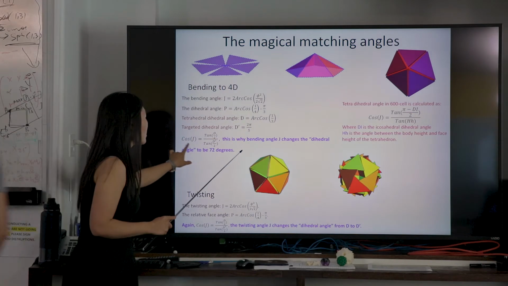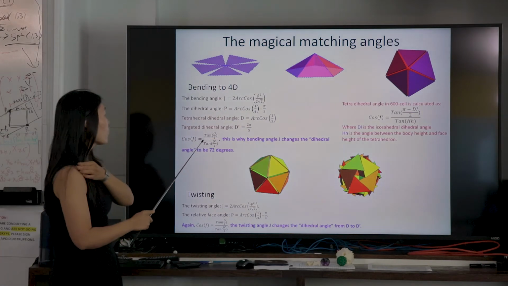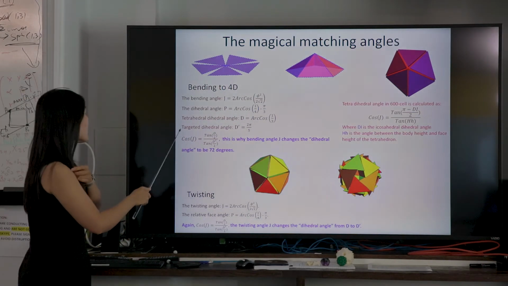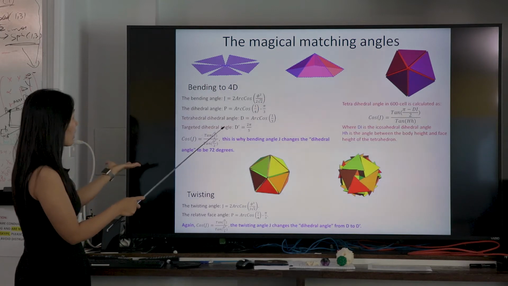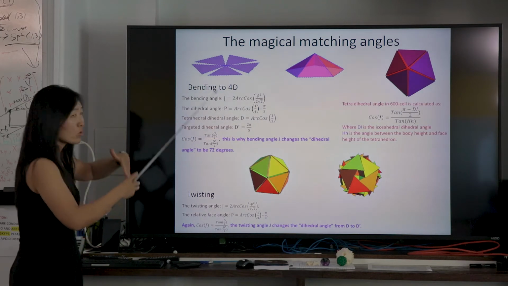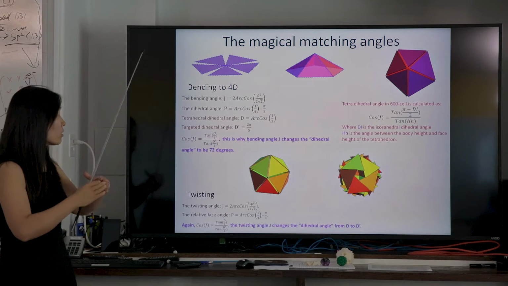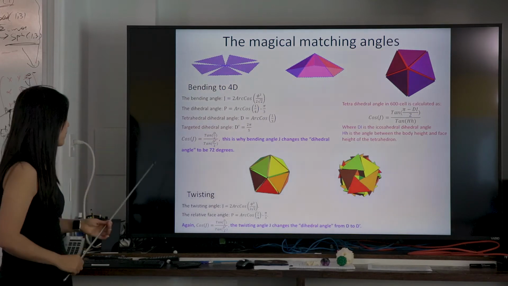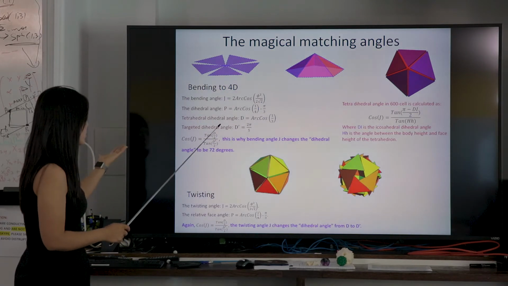Because of this relationship, this transformation angle made it possible for the gap to close when you do the discrete curvature. So that transformation is a curvature.